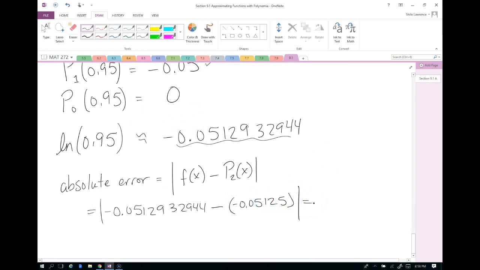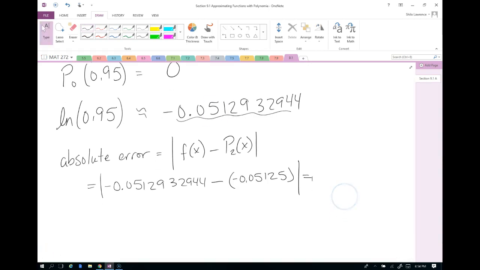And when we do this, we get a really small answer. At some point, your calculator might just give you scientific notation right off the bat. Others you may have to convert yourself.